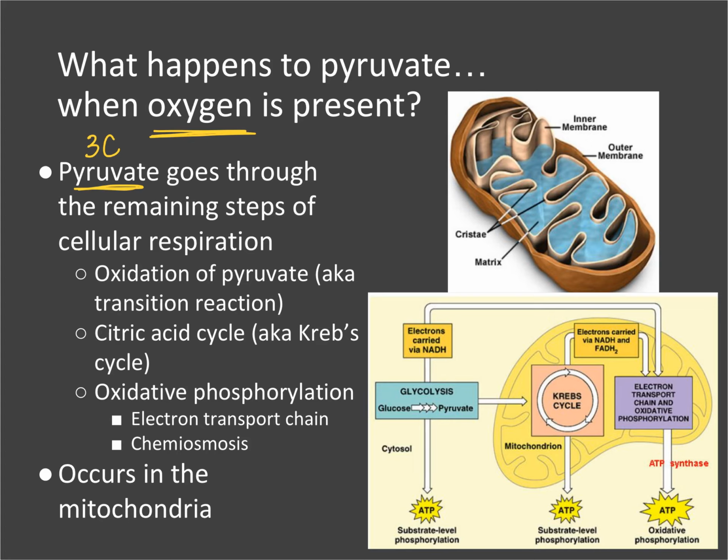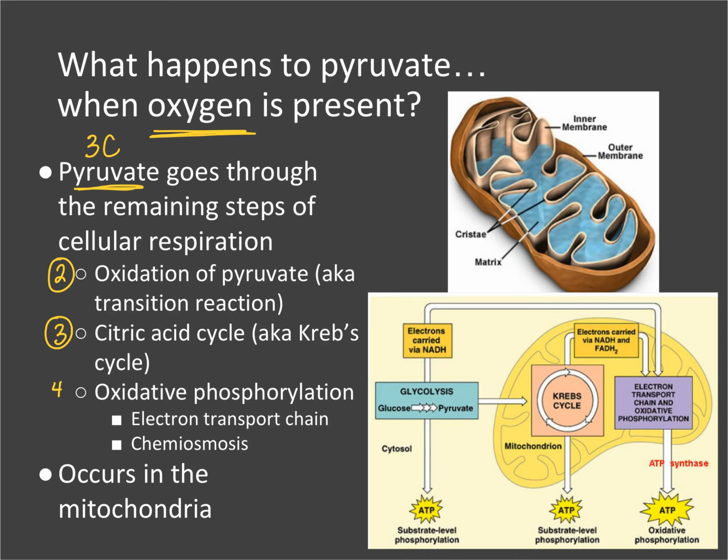Well, pyruvate is going to go through the remaining steps of cellular respiration. So it's going to go through the oxidation of pyruvate, which is also called the transition reaction, the citric acid cycle, which is also called the Krebs cycle, although that term is starting to become older and not being used anymore.